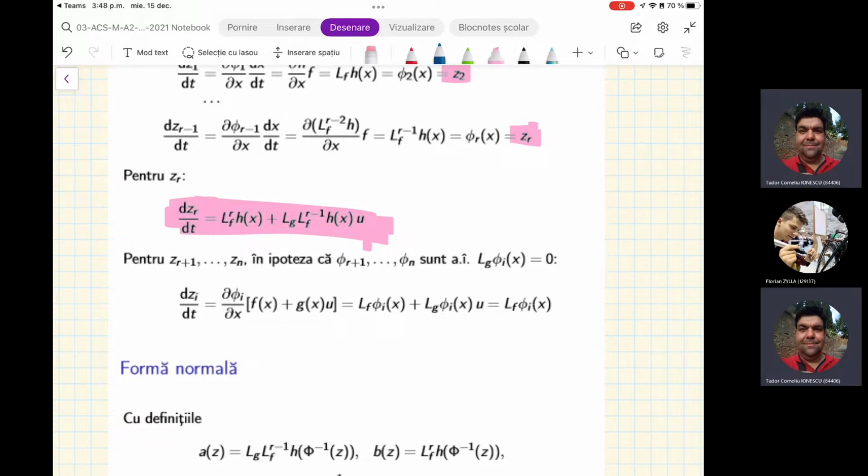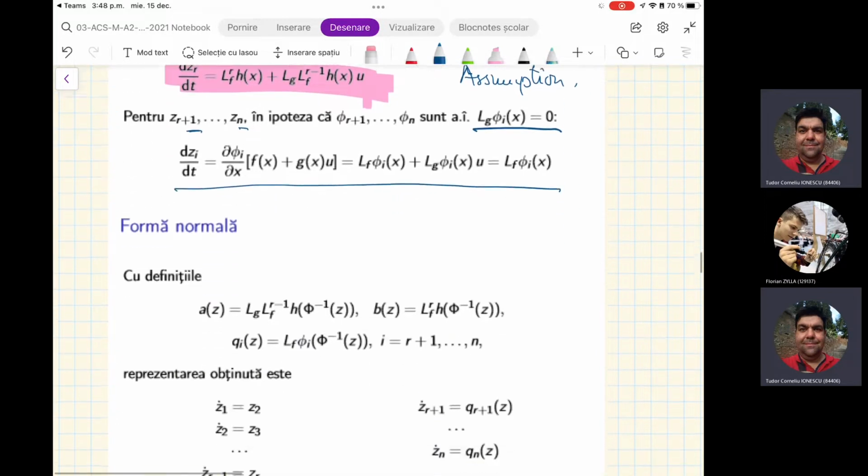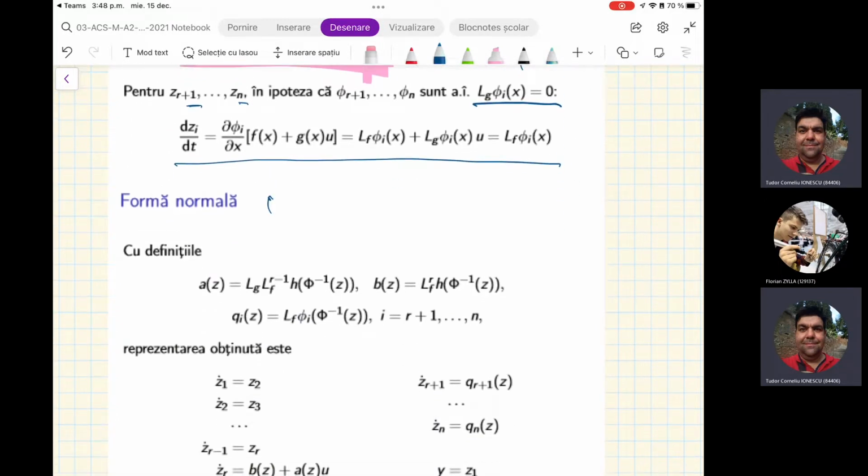All the other Z's from r plus 1 up to n, assuming that this is 0, all the rest of them from r plus 1 up to n have this form. Hence, we get the so-called normal form of a nonlinear system.